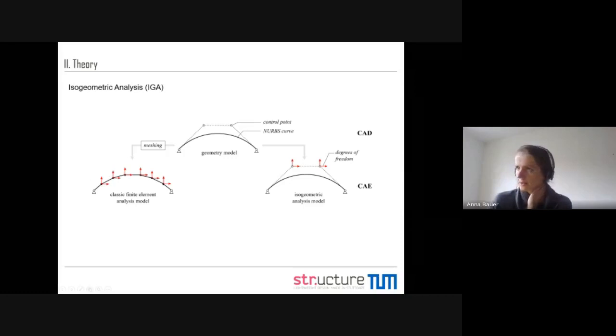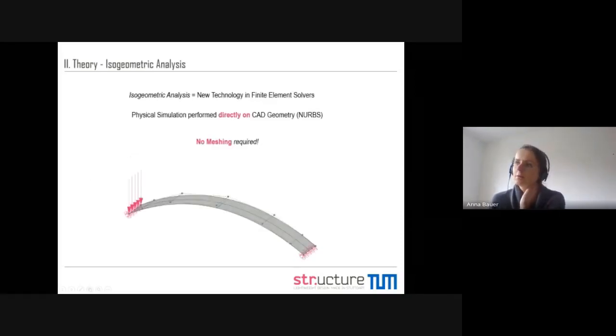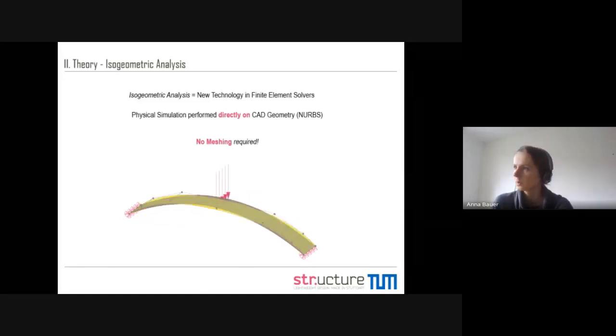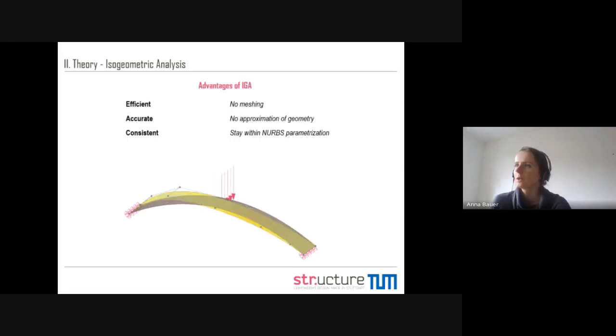This is the basic idea. With that, we can put the physical simulation directly on the CAD geometry, as you can see here, and we can avoid meshing. So we have a more efficient procedure, it's more accurate, and it's consistent.